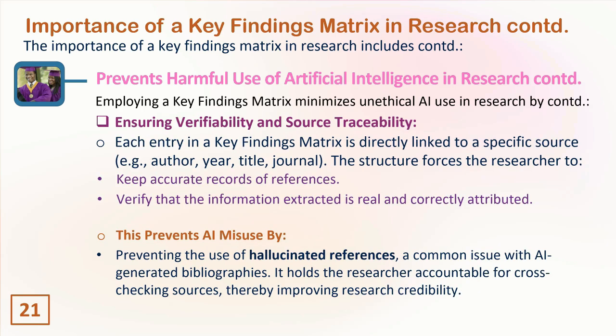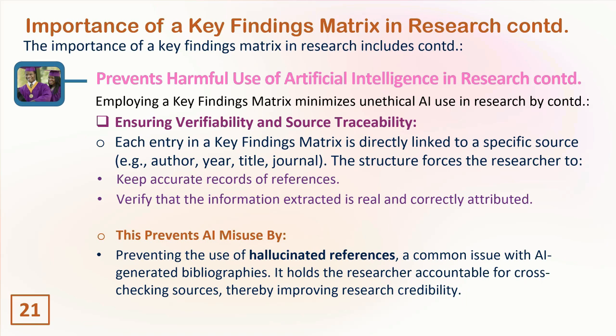A key findings matrix also minimizes unethical use in research by ensuring verifiability and source traceability. Each entry in a key findings matrix is directly linked to a specific source, such as the author, the year, the title, or the journal. The structure forces the researcher to keep accurate records of references and verify that the information extracted is real and correctly attributed.